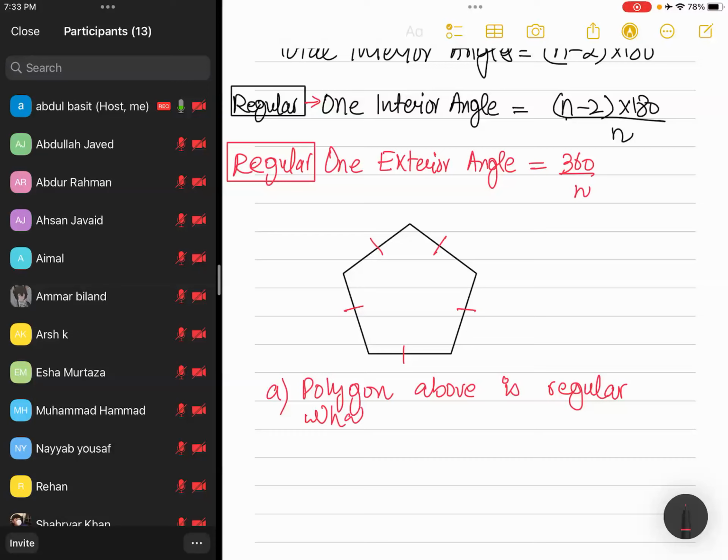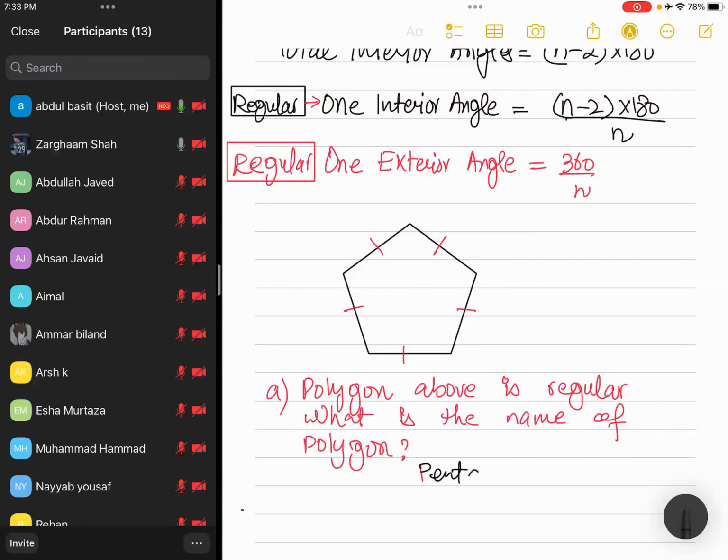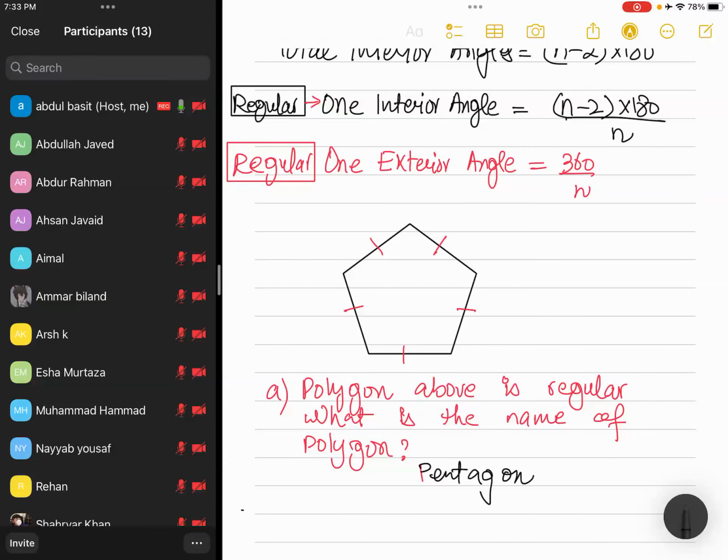What is the name of the polygon? So Rehan, what is the name of this polygon? Sir, five-sided. So it is pentagon. बेटा 5 sided नहीं लिखेंगे आप, pentagon लिखेंगे, ठीक है?